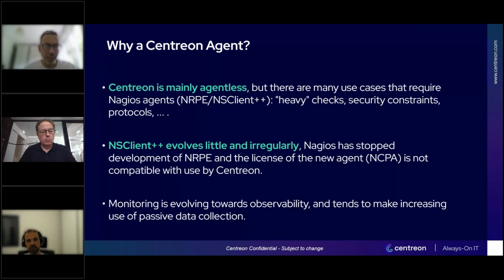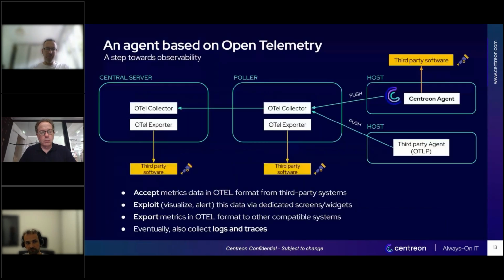We did not want to duplicate NSClient, but offer something wider and richer in functionality, with the capability to handle tomorrow's undeclared metrics. So to go to observability and not only monitoring. We made the choice to develop an agent from scratch, which implements OpenTelemetry natively.